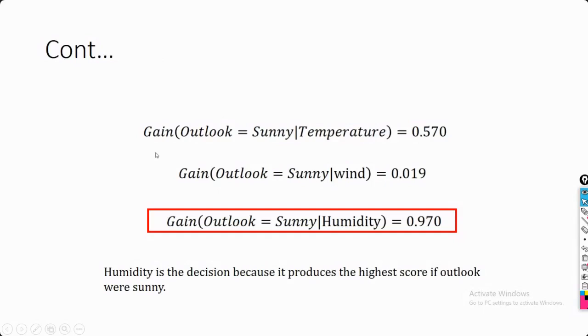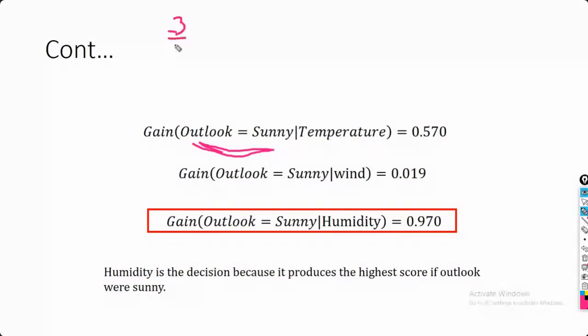Let's see, I'm going to explain one of them. Based upon that you are going to calculate it. Suppose for your sunny, I'm going to write it here. First, what is the gain you will have when we are using this.